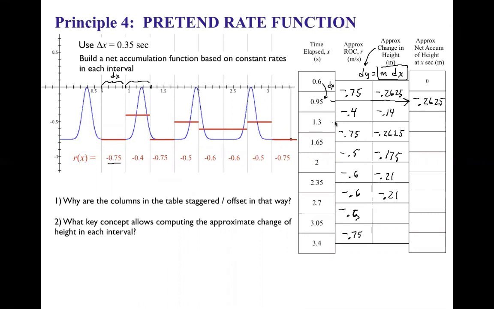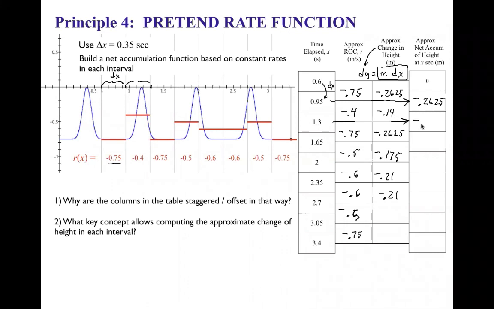Now, when we get to 1.3 seconds, how much has the height changed? What will we do? We want the net change in height since 0.6. So it's going to be all the change in height we had before plus the new change in height, right? So you add these together. We're going to add the negative 0.2625 that we had in the first interval plus the new change in height in the new interval.